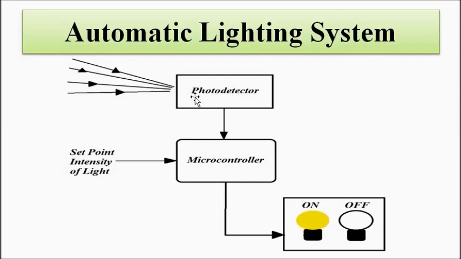That is done with the help of sensors and a suitable control mechanism. So a photodetector is used. It can be anything: a photovoltaic transducer, photoelectric transducer, photomultiplier tubes, photodiodes, anything.